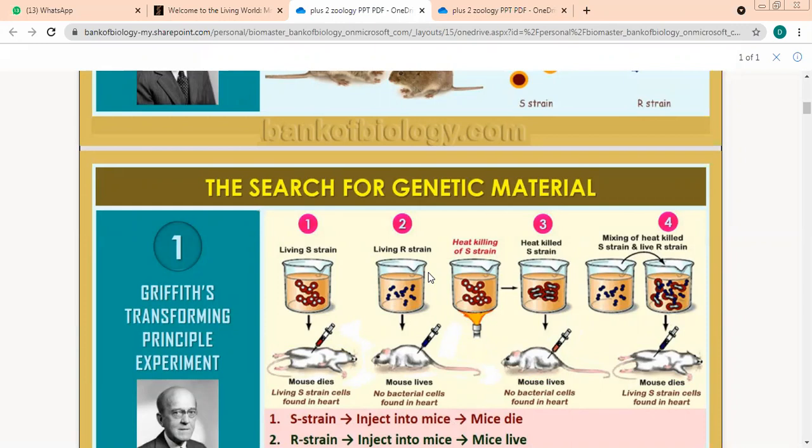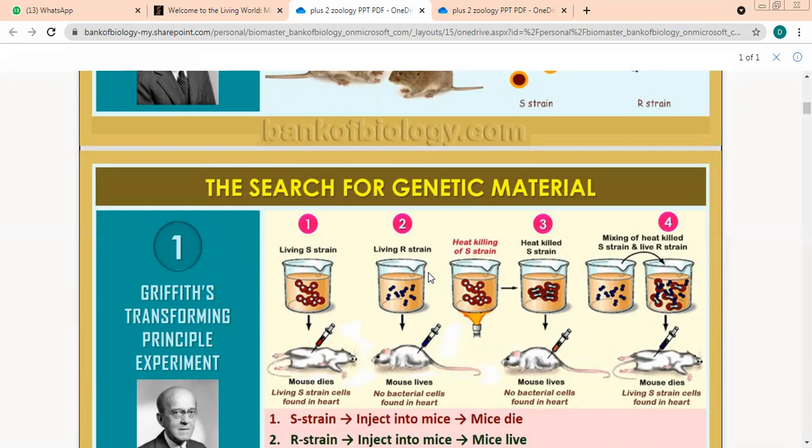And then he heat killed the S strain. Why do you think the heat killed S strain did not cause pneumonia? Because the coating of mucus would be removed. Very good. So the heat killed S strain did not cause pneumonia.